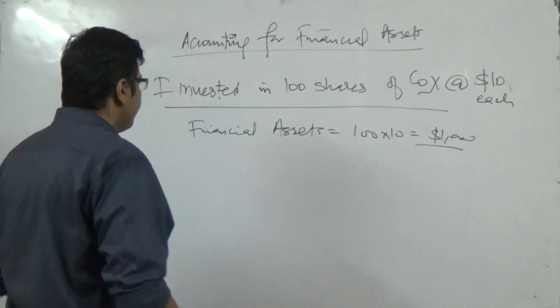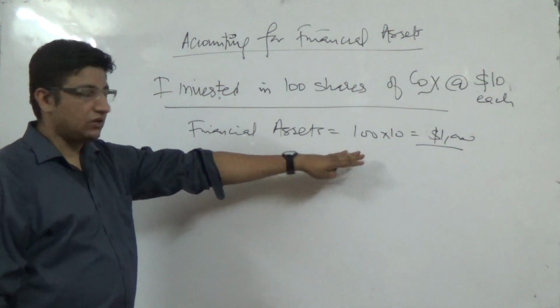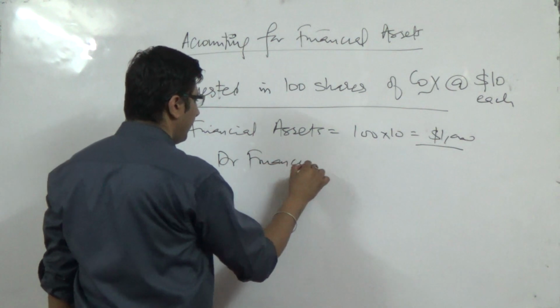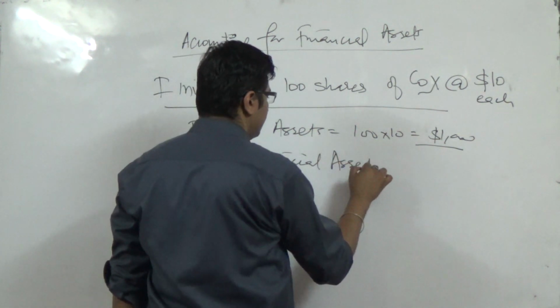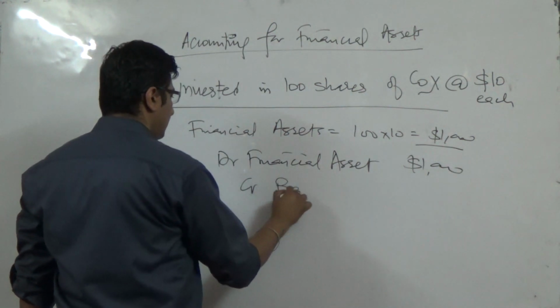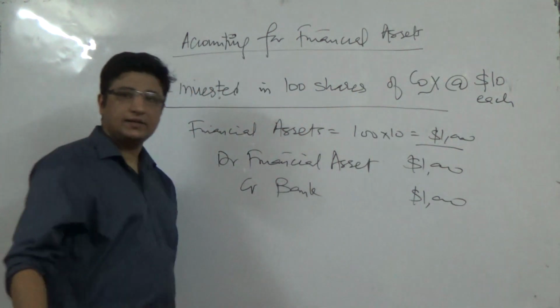So if I say that I have a financial asset worth $1,000, I can simply say debit financial asset $1,000, credit bank $1,000.